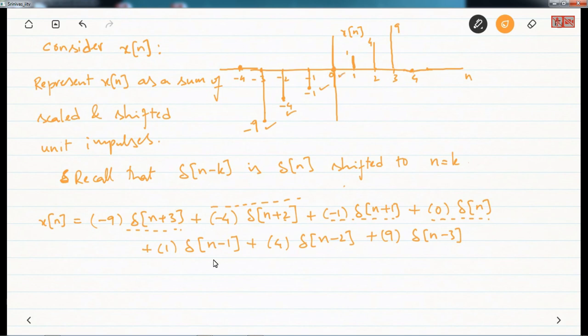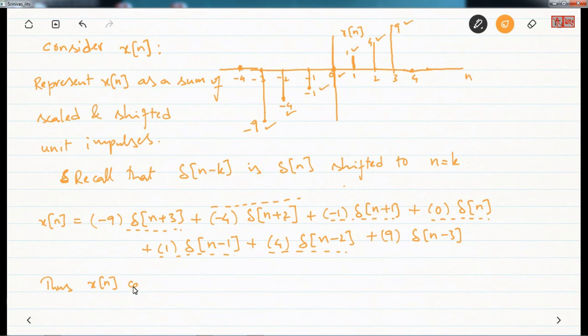Then at n equal to 1, we have an impulse with amplitude 1. This is also done. So at n equal to 2, there is an amplitude of 4, and finally at n equal to 3, there is an impulse of amplitude 9. So thus, of course, this is a simple thing, so that's why I can quickly complete this.